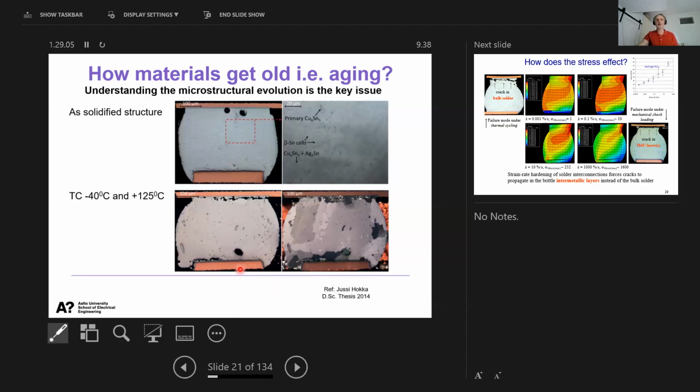But in an actual product with current going through, naturally when the cross-sectional area decreases, the resistance increases. That causes Joule heating, meaning the local temperature would increase, so it would be a cumulative effect for thermal cycling. It's snowballing, right? Yes, it's kind of a snowball effect.